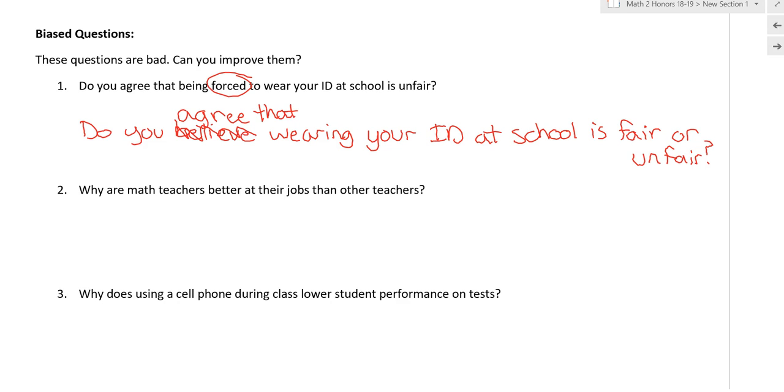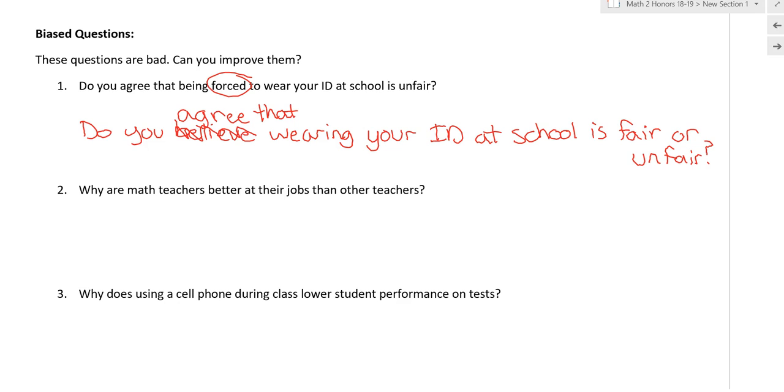Number 2, why are math teachers better at their jobs than other teachers, right? And this is another part of bias that happens a lot in questions. We're starting with the assumption that math teachers are better at their jobs, and that's a problem.